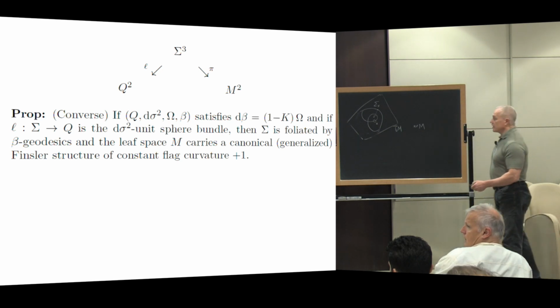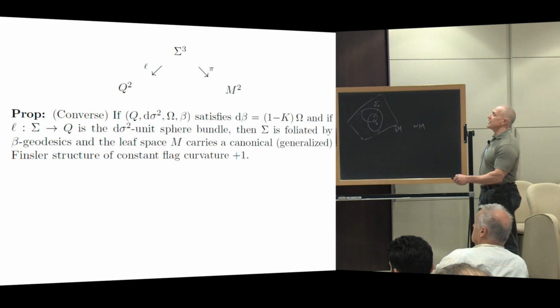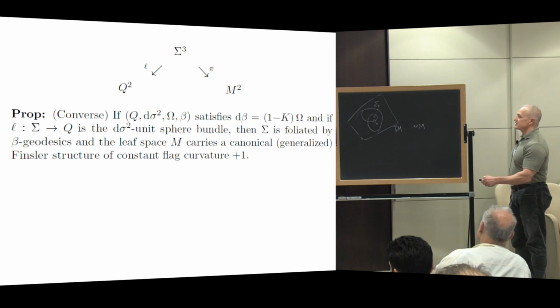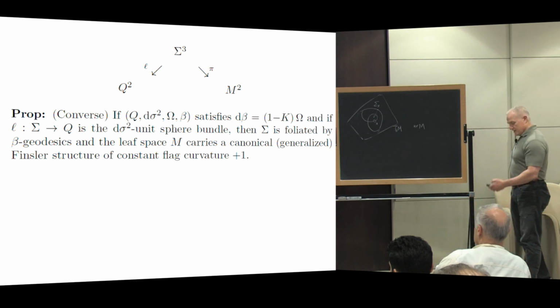The point is that if you take this together with this structure equation and lift it up to sigma 3, you can now write down 3 forms on sigma 3 that give a co-framing that exactly embeds sigma 3 as a hypersurface in the space of beta geodesics in such a way that it becomes a generalized Finsler structure of constant flag curvature plus 1.